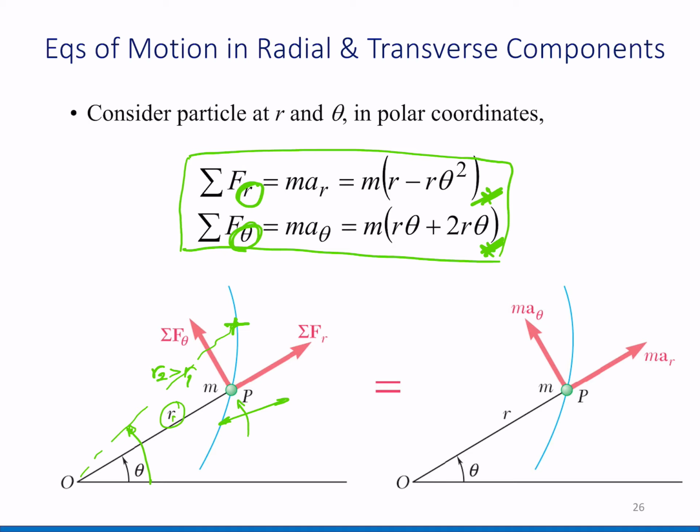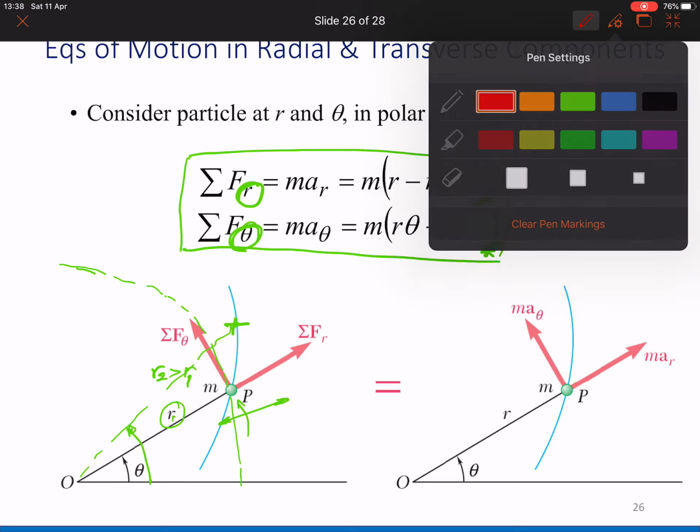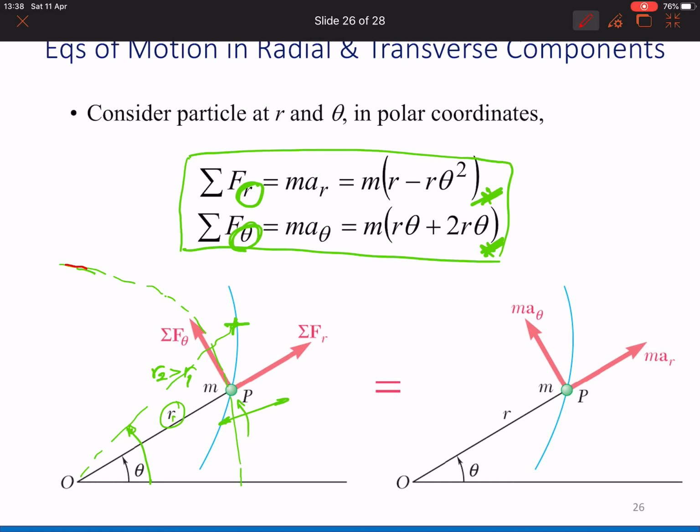If I draw it, the circle is like this. If it moves along this red curve, where R is constant, then we can use the normal and tangential coordinates. But if R is not constant, we also have transverse directions.